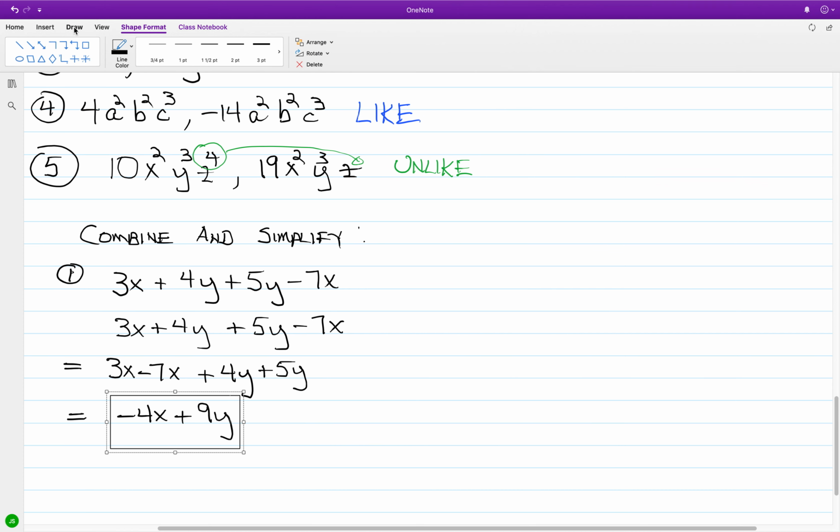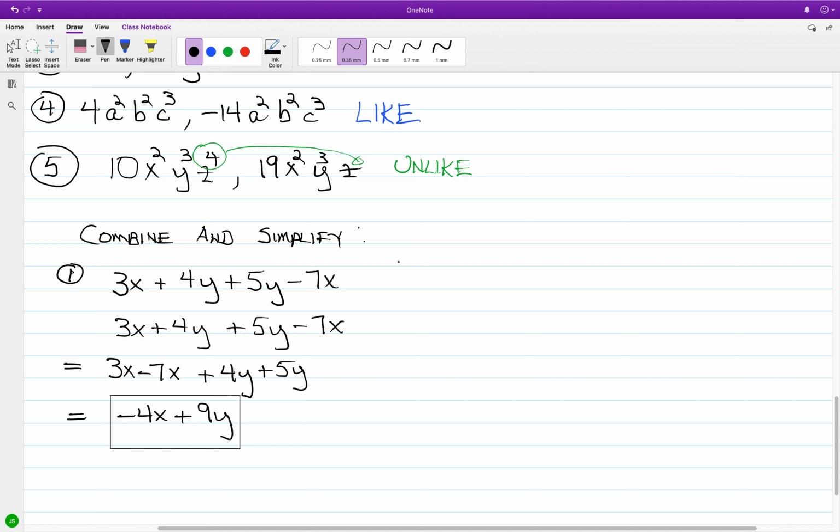Now let's say that we have another set here, and we'll be looking into additional operations. And let's say that we have parentheses in the mix. Let's say we have 2 times the quantity of A plus 4B.